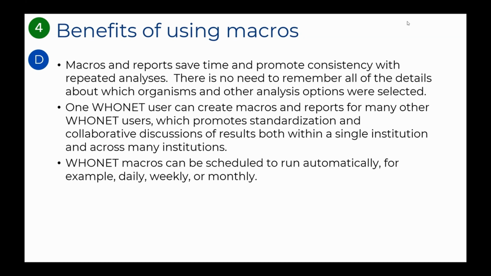WHONET macros can also be bundled into a report. WHONET reports will be covered in Module 6 of this course. Finally, WHONET macros can be scheduled to run automatically, for example, daily, weekly, or monthly. The WHONET automation tool will be discussed briefly in Module 6.